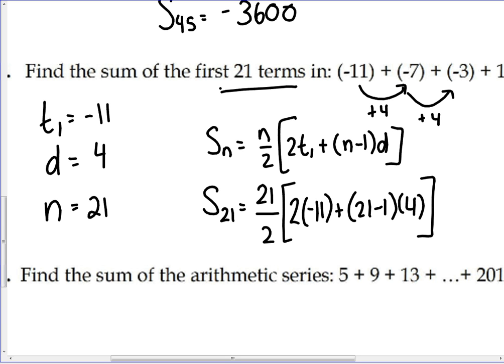When I'm punching in my calculator, so I don't make a mistake, I would actually just go 20 instead of 21 minus 1. I can do that math and know I'm not going to make a mistake, right?